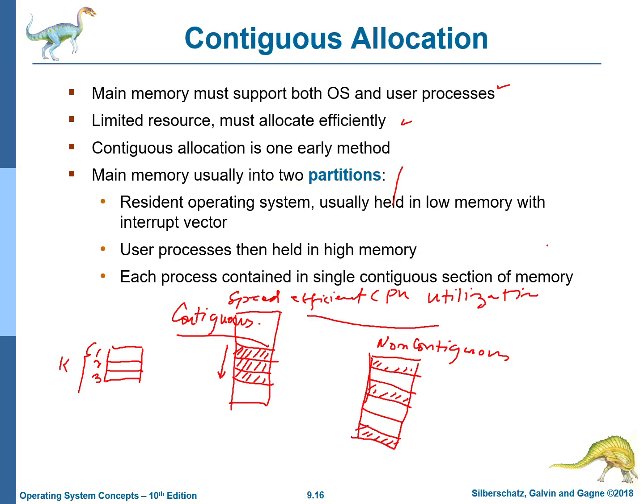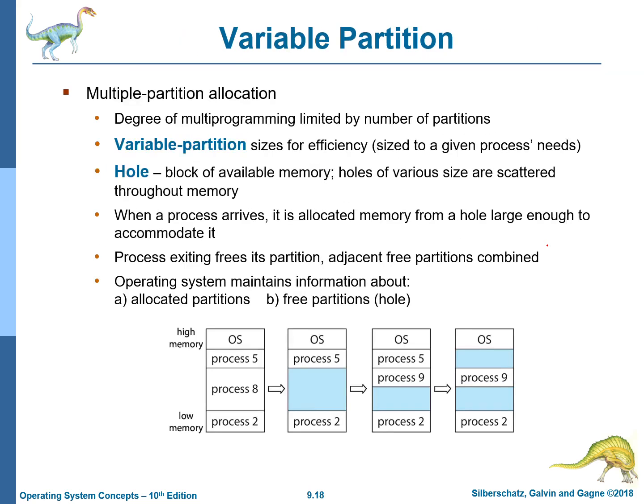Now we'll see contiguous allocation. We have already seen what contiguous and non-contiguous are, and we have seen single partition and multiple partition. Now we were facing some issues with contiguous allocation. We have also seen the variable type of partition. You can see here that process 5 has arrived, process 8 has arrived, process 2 has arrived. If process 8 is finished, then process 9, if it's small, can be adjusted here.